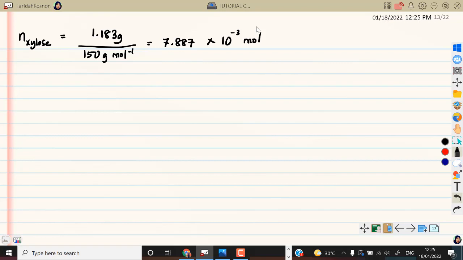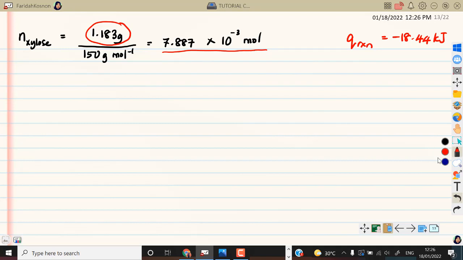So, by using stoichiometric relationship and the Q reaction tadi, maksudnya kita dapat tu tadi Q reaction is negative 18.44 kilojoule, right? Okay, so saya dah sebut negatif 18.44 kilojoule ini adalah heat release apabila 1.183 gram Xylose terbakar. 1.183 gram Xylose ini bersamaan dengan berapa mol? 7.887 darab 10 kuasa negatif 3 mol.